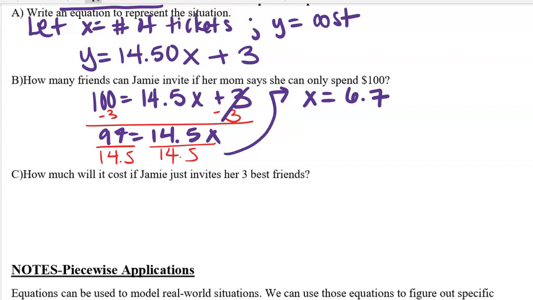No. What would you write? 6 tickets, right? We can't use 6.7. We can say 6 tickets, but that's not the question, guys. The question is, how many friends can Jamie invite? 5. Jamie can invite 5 friends, okay?